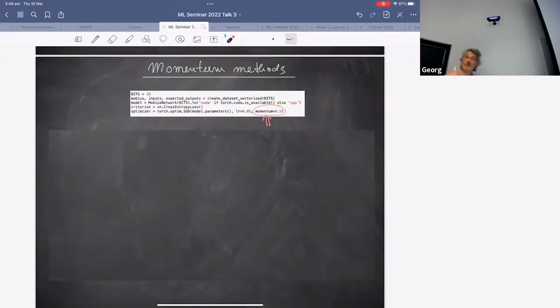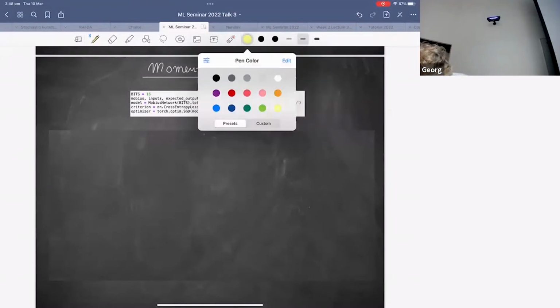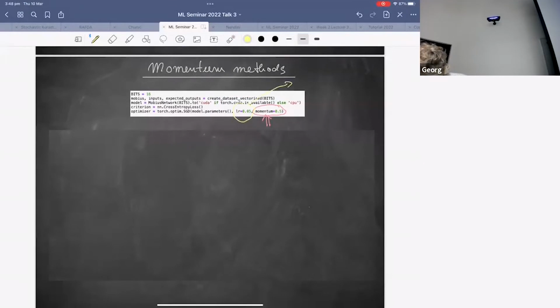If people played with this momentum, they may have realized that the result will be slightly different. And I want to talk about this momentum. People will also have noticed this LR here, which is the learning rate that we can also choose, right? In each step, how far do we advance forward?